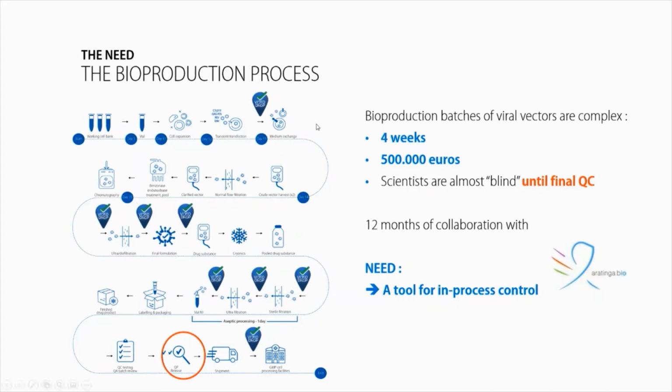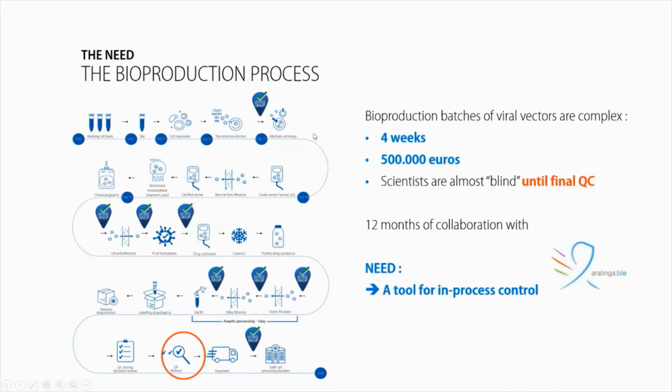It lasts 4 weeks. One batch costs at least 500,000 euros, and their scientists are almost blind until the final quality control. During our 12 months of collaboration, we have identified with them where we should ideally place the video drop during the bioproduction.